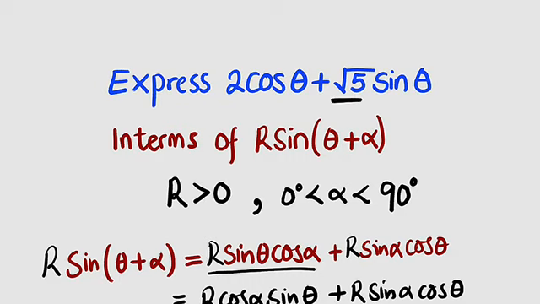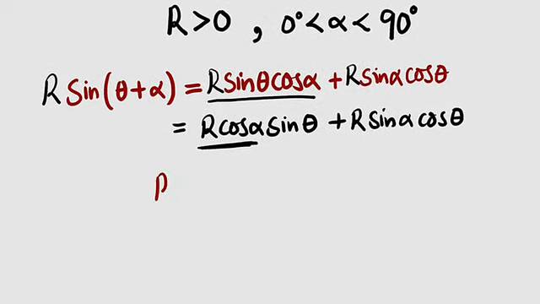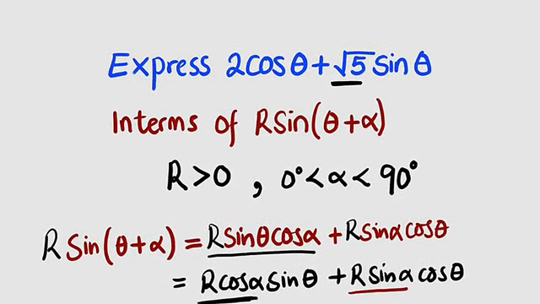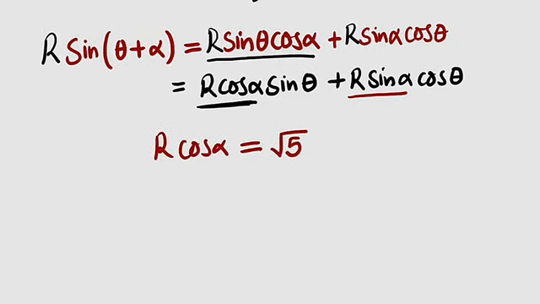So we are going to equate them. r cos alpha is equal to root 5. Then if you observe, the coefficient of cos theta here is r sine alpha, while the coefficient of cos theta in the original is 2. So we relate them as well: r sine alpha equal to 2.